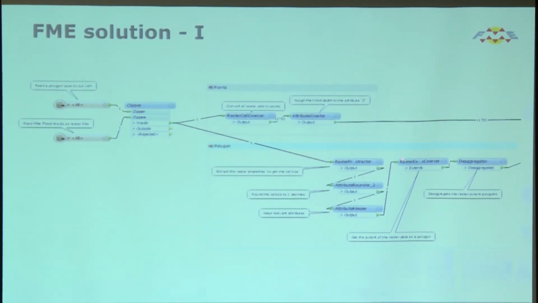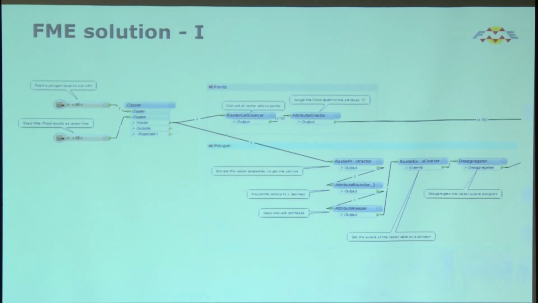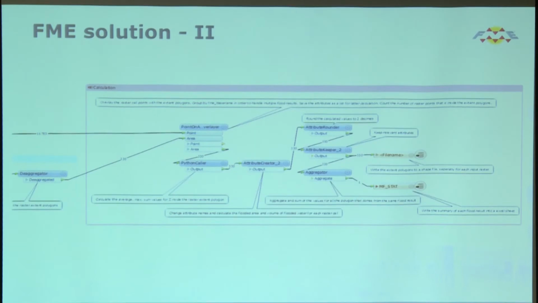And then it's really this one that makes the job, making all those small flood islands, and it actually gives it as aggregated shapefiles. I have to run a deaggregator to get all the individual flood islands as one feature. And then take the points and overlay those in the area.